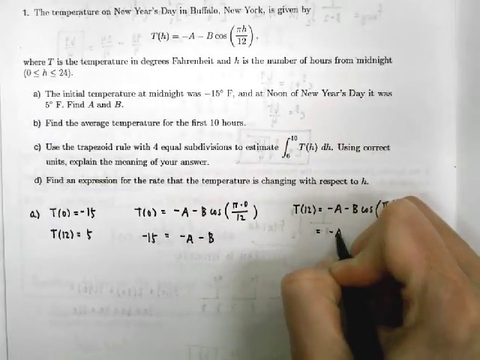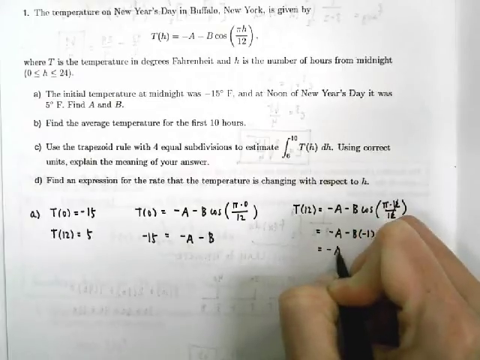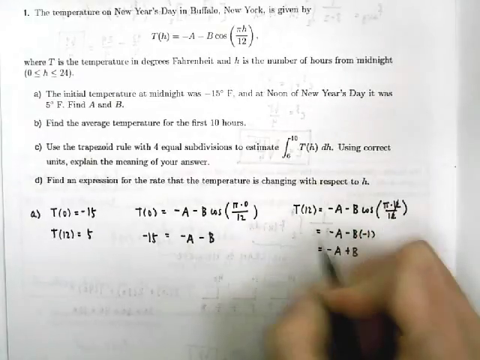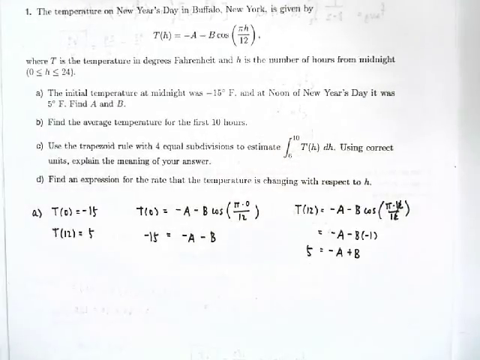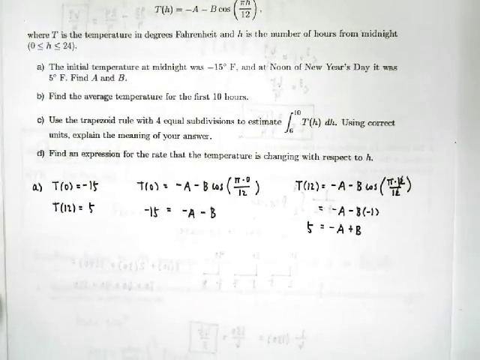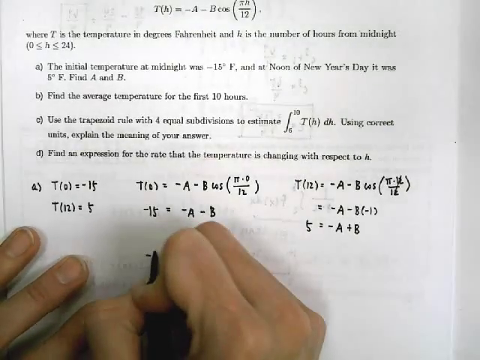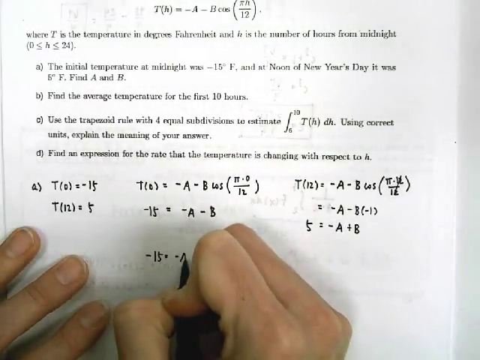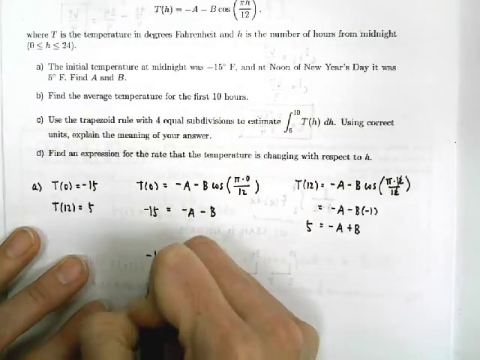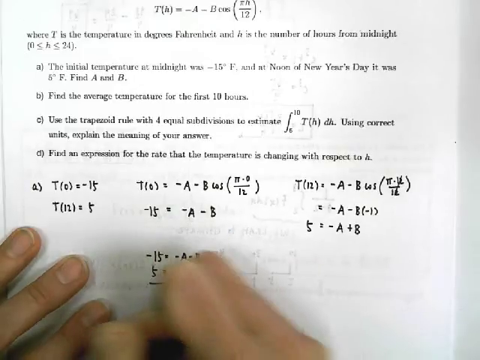So now I have negative A minus B times a negative 1, or negative A plus B, and we know that's equal to 5. So now I have a pretty straightforward system of equations that I can solve to find A and B. I'm going to take my two equations, negative 15 equals negative A minus B, and 5 equals negative A plus B, and go ahead and solve.